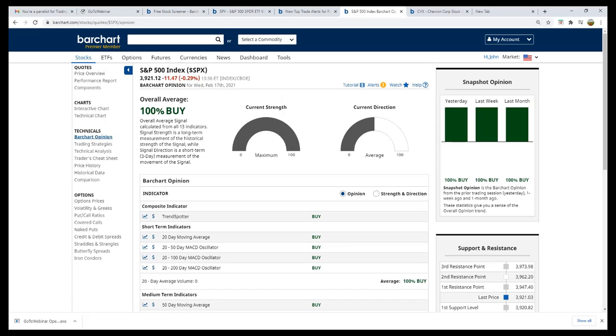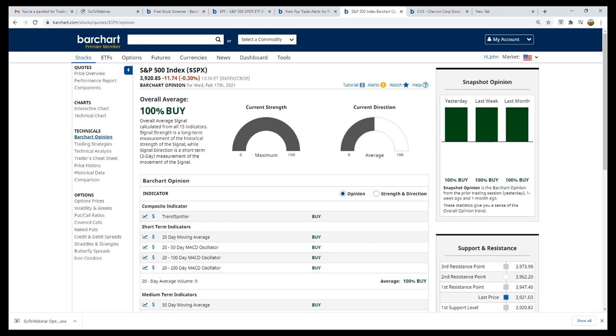Again, here we see the S&P index is telling us current strength is right at maximum. What's that telling us? Well, it tells us this trend is in control. There's more likelihood that price is going to continue in this direction. But what is our current direction? Our current direction is average, right?